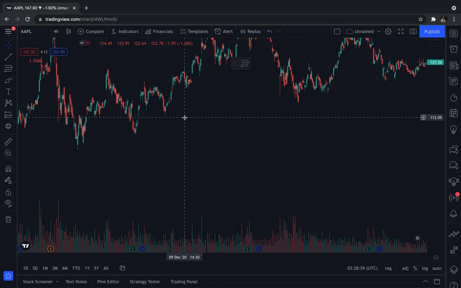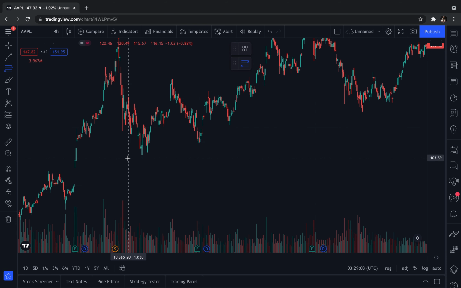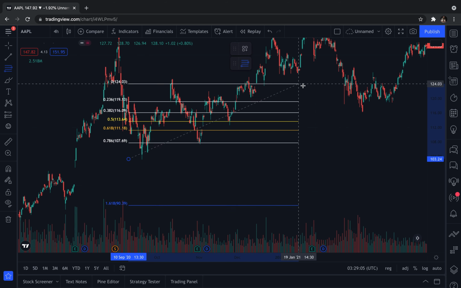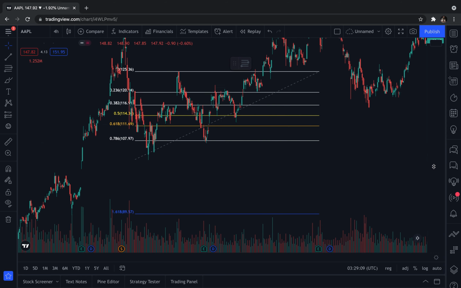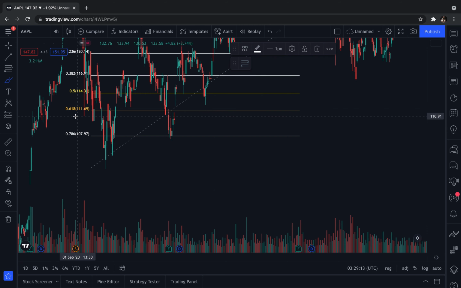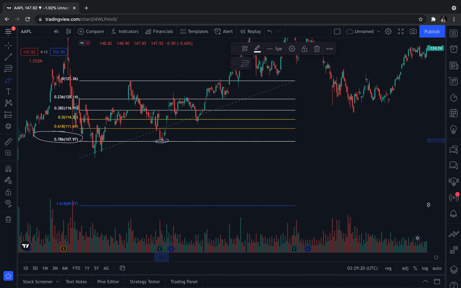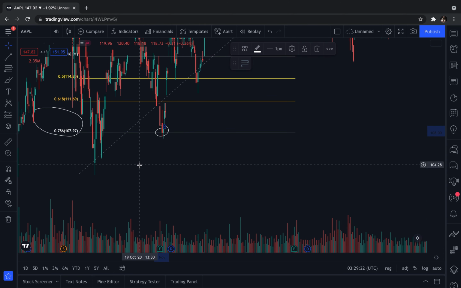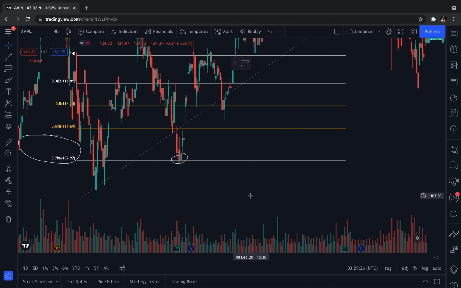Now I'm going to show you guys an example of what I mean by that. So over here on Apple, we can start from swing low to swing high, and look where we bounced from. We have multiple touches at the 0.786 level, and that's exactly where we bounced from. If you see multiple touches at one of these levels, then it's a very good choice to get in.